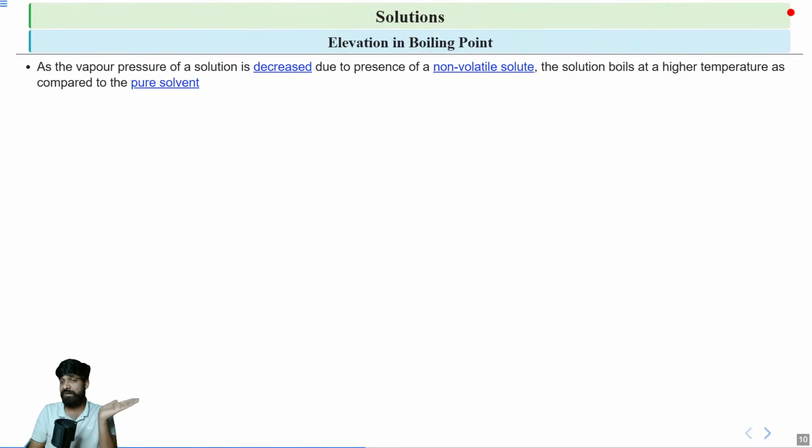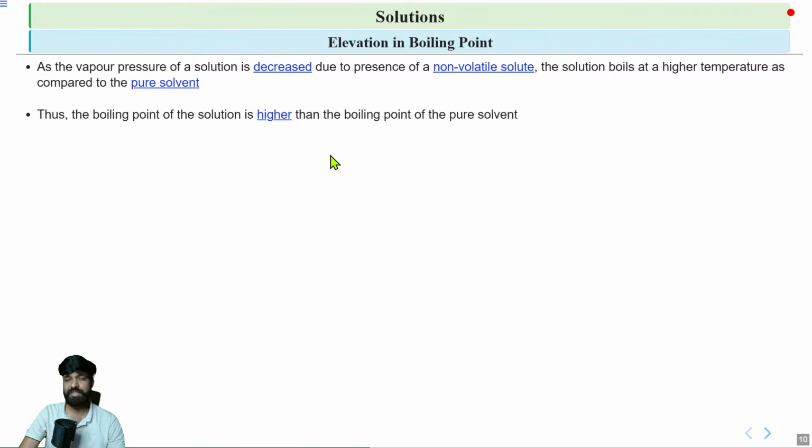If the pressure from the liquid phase is more, then it will try to get into the atmosphere, and only then will you see the boiling taking place. But if you add a non-volatile solute, then the pressure from your solution has decreased due to the non-volatile particles. So you now have to supply more temperature to your solution to make it go into the vapor phase. Got it? So this is the basic reason behind the elevation in boiling point.